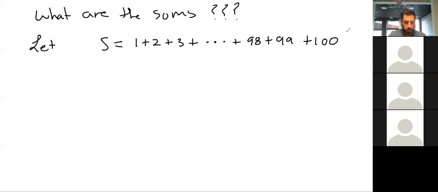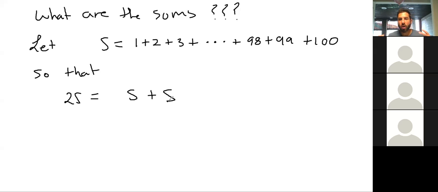What I'd like to do is do the same thing. I'd like to add s to itself, but I don't want to add it in the standard way. So I want to do 2s, which is s plus s.